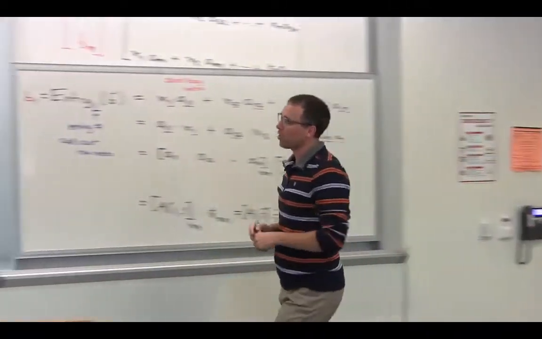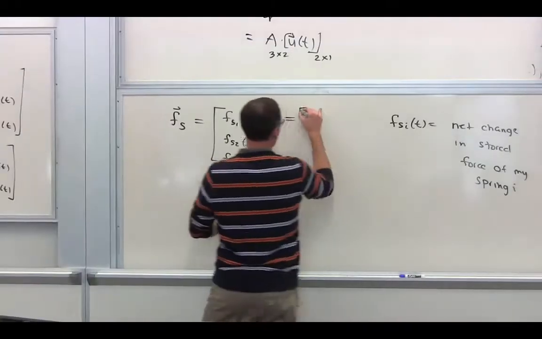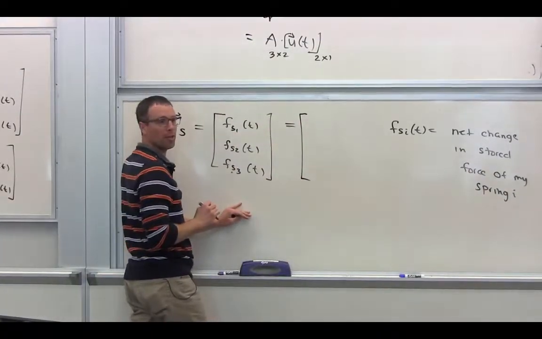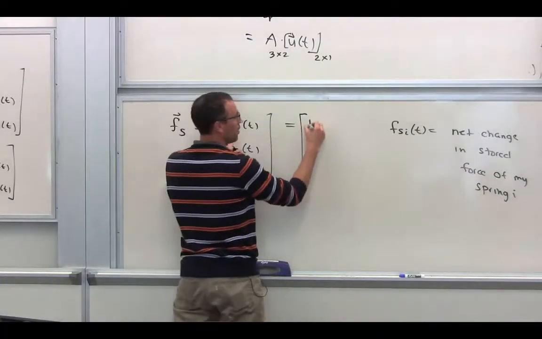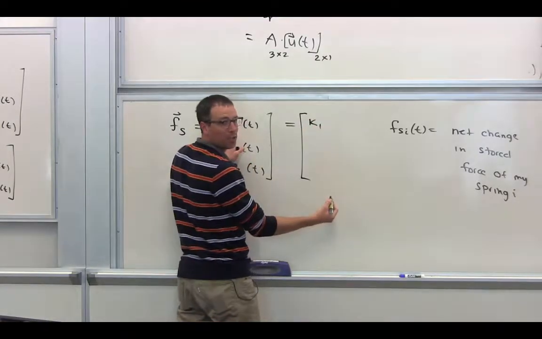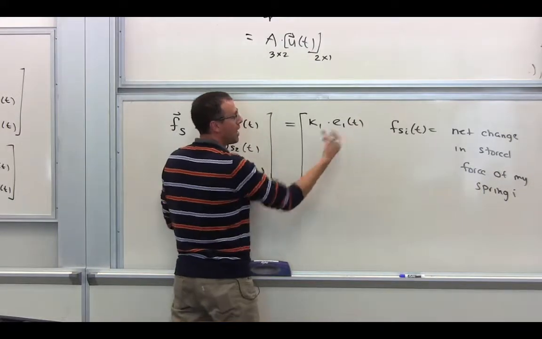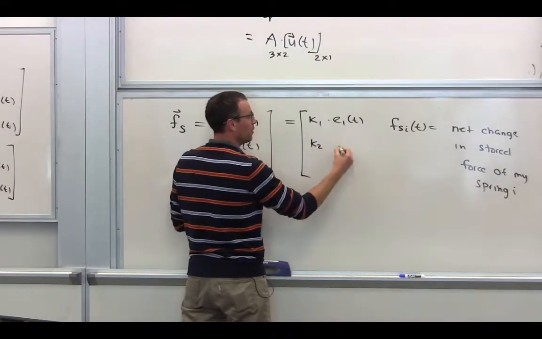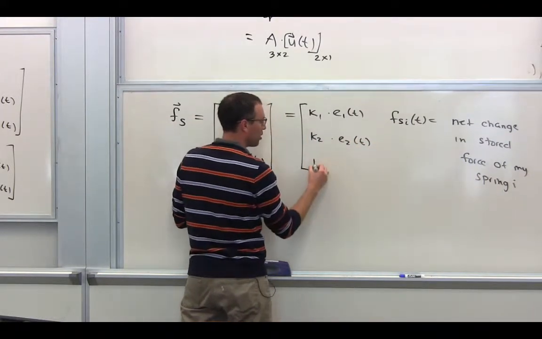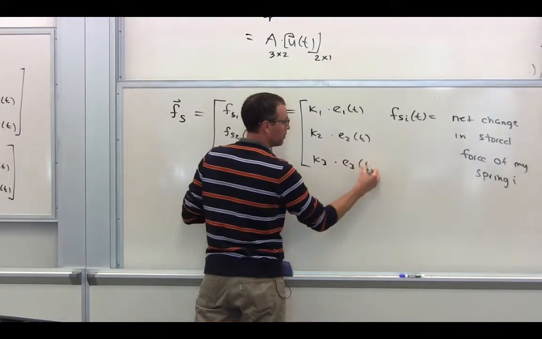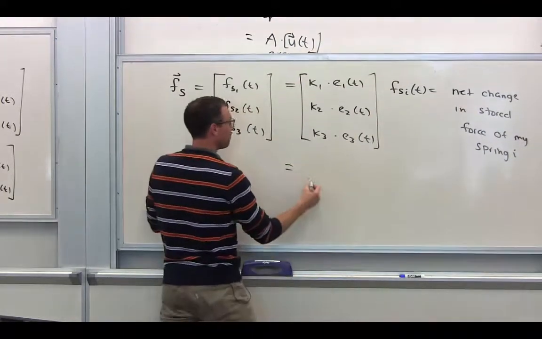What's the claim of Hooke's law in that paradigm? How do I calculate the first individual entry of that thing? This would be the spring constant for spring 1 multiplied by the elongation of spring 1 at any time t. What's the second one? And what's the third one? Here's a claim.